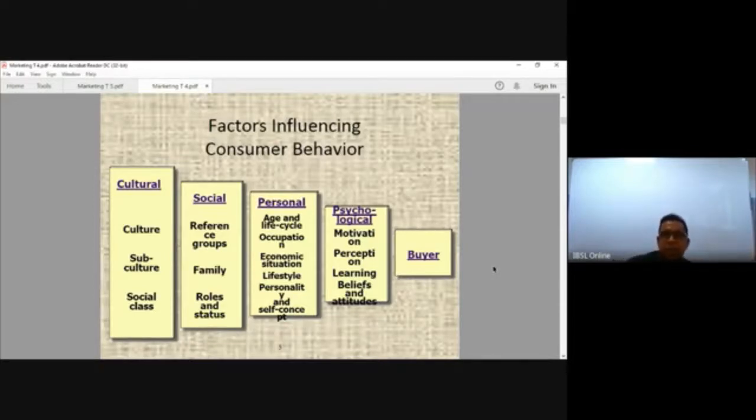Dynamic means it can change over a period of time. But our responsibility is to understand the current buying behavior of customers, so that we can design our products and services in such a way that satisfies the customer requirement. Right?